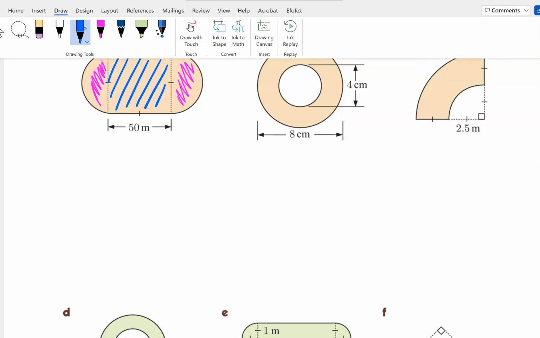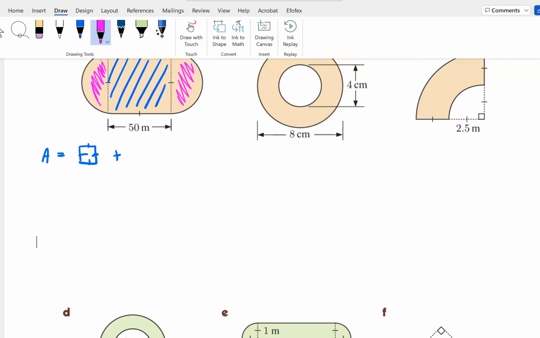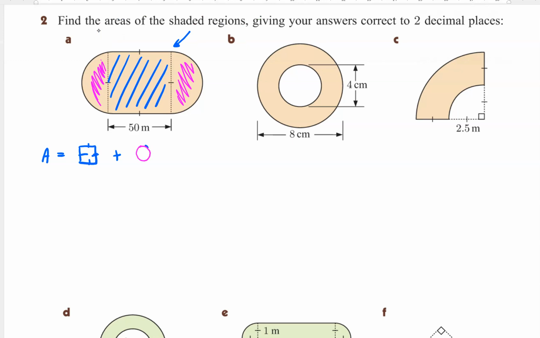So the area will be the square plus a whole circle. But what is the radius of this circle? That's the problem. We don't have the radius. Remember, the radius is the distance from the center to the outside, and we don't have that.